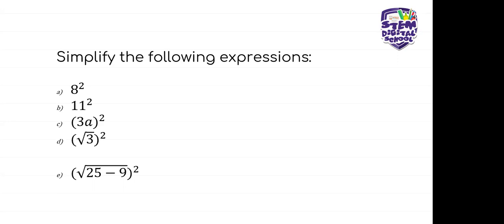So we must first subtract 9 from 25, which will give us 16. So basically, you'll have the square root of 16 to the power of 2. And remember, I said to you already that the square root of 16 simply means 16 to the power of half.